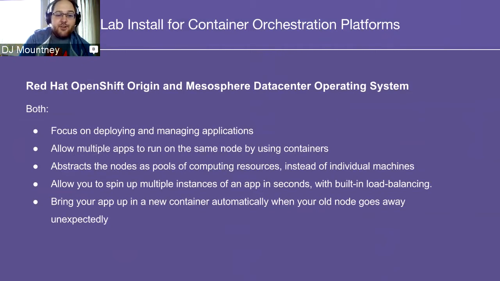They both abstract your nodes, your servers, as pools of computing resources instead of individual machines. What that means is each individual machine is basically just reporting its computational ability, its RAM, and its storage size to the platform, and the platform groups it into pools of different sizes of resources.